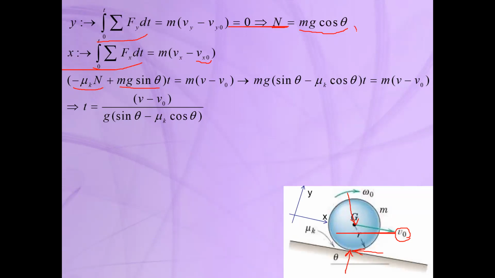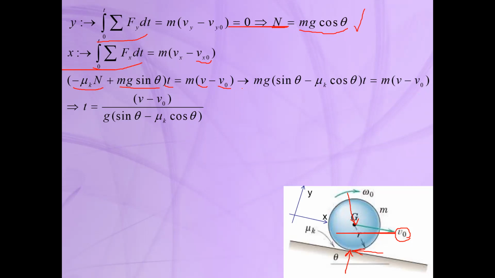From the first equation, we obtained that n is equal to the y component of the weight. So we can substitute here, it must be equal to m times v minus v naught, where v is the velocity of the mass center after t seconds, and v naught is the initial velocity, which is given in the problem description.